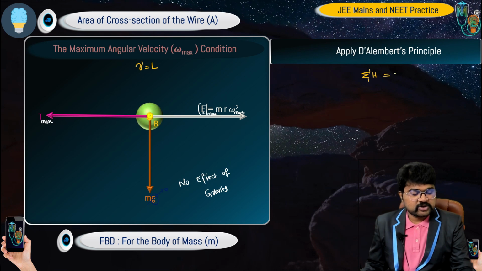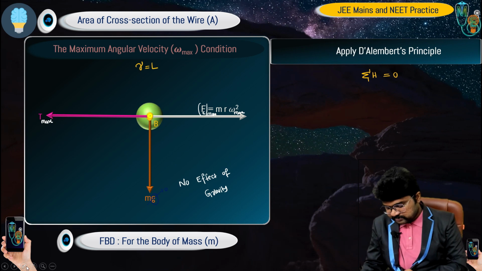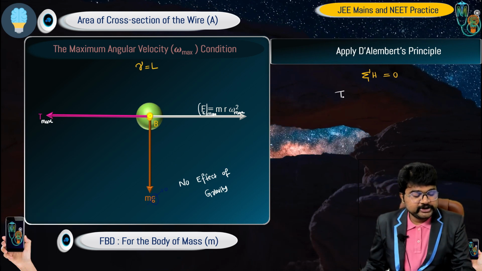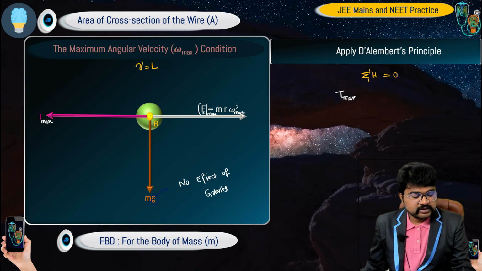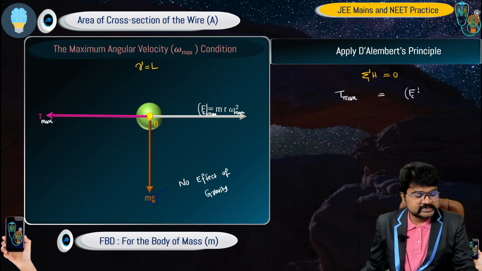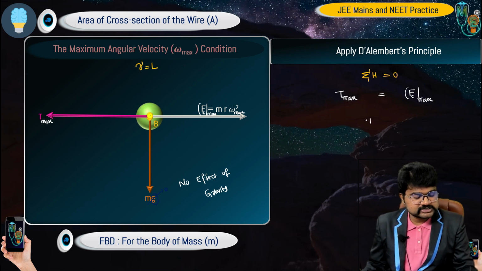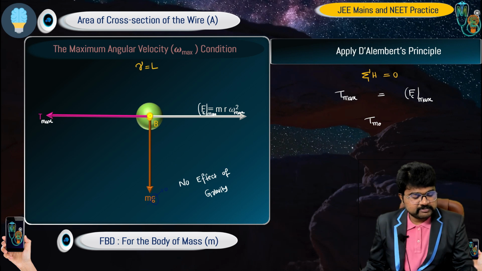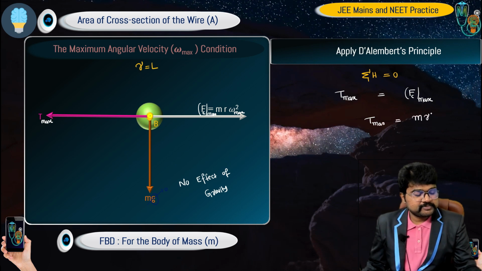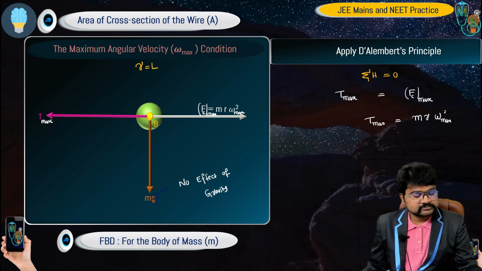Straight away apply static equilibrium equations. Sigma H equals 0. Sum of the left forces equal to sum of the right forces. Maximum tension induced in the wire equal to maximum centrifugal force. T maximum equals m times R omega maximum square.